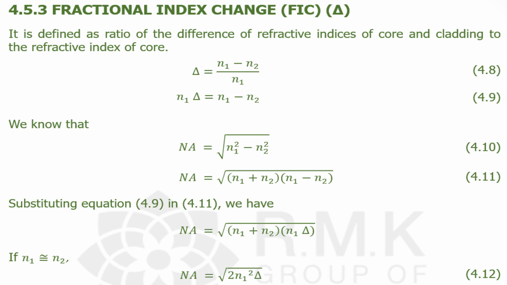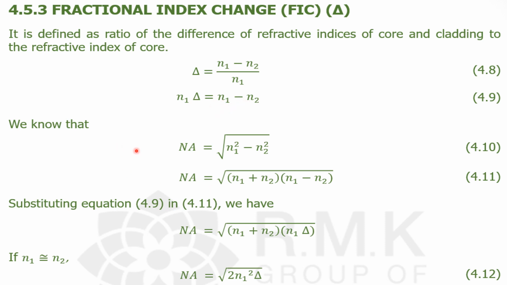So how much difference you maintain, how well the propagation will take place, is given by the fractional index change. Okay, so delta is equal to n1 minus n2 divided by n1. Now simplify it by cross multiplying. So n1 into delta is equal to n1 minus n2.